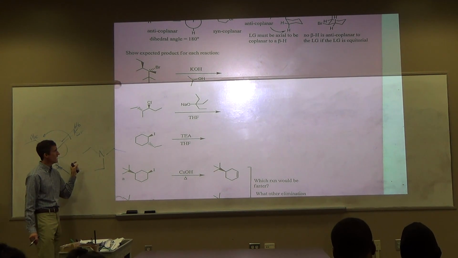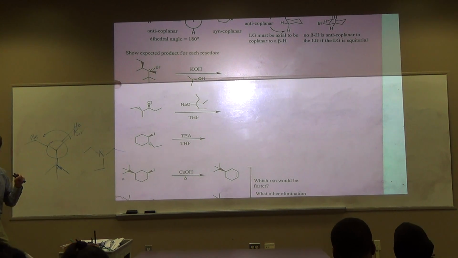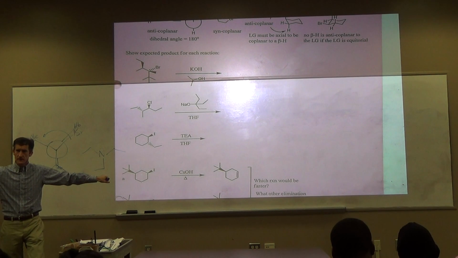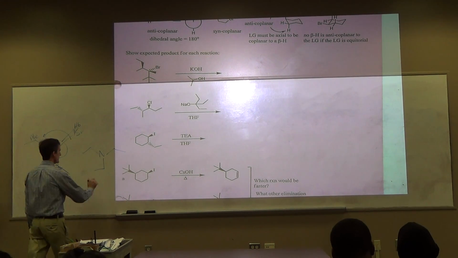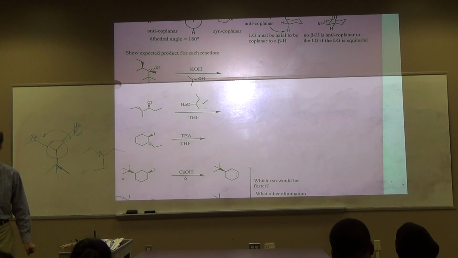It's strong enough to be a strong base, but it's sterically hindered. It's got these wings on it, so it's not going to be able to come in here and do a substitution. It's commonly used for E2. What is THF? Just a common solvent.